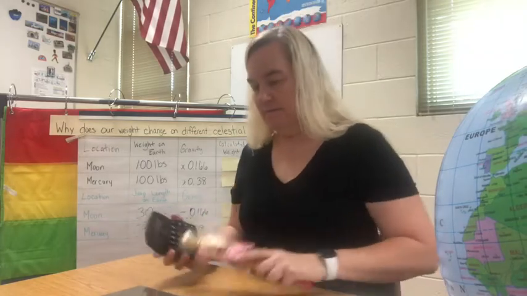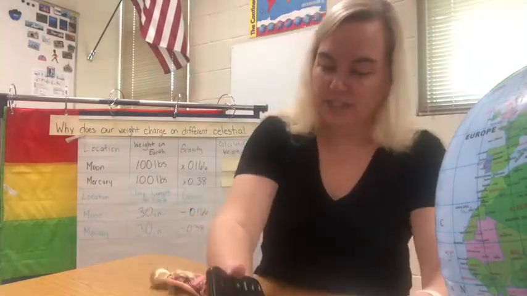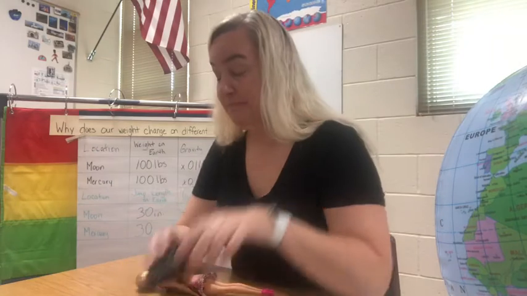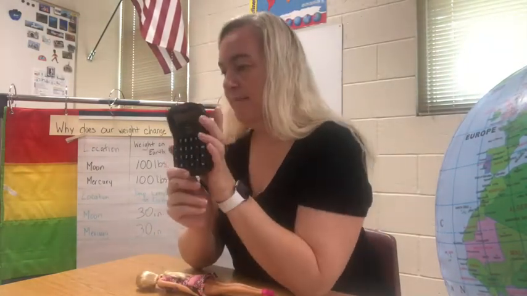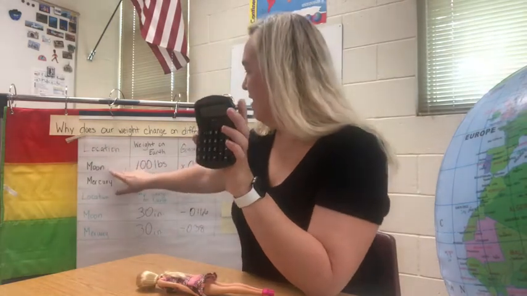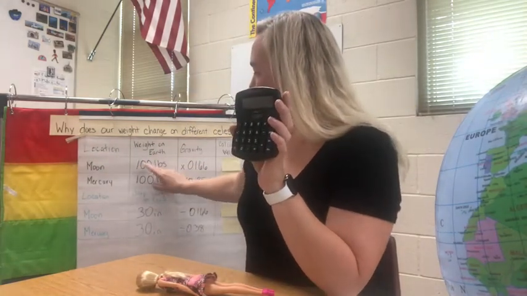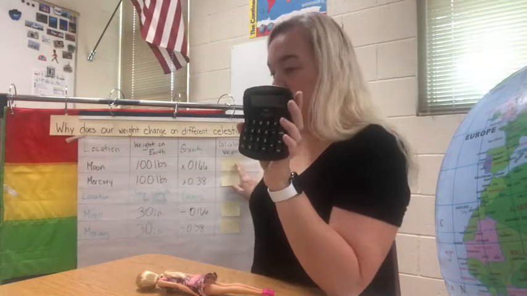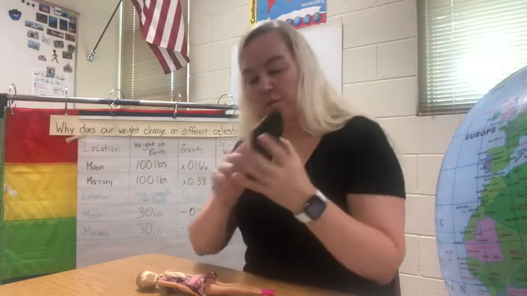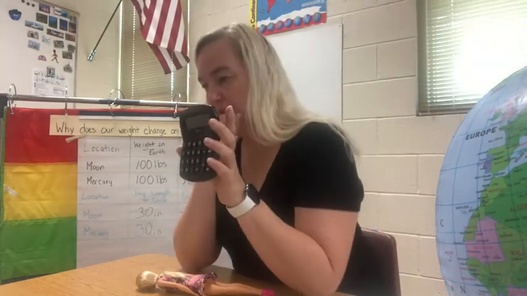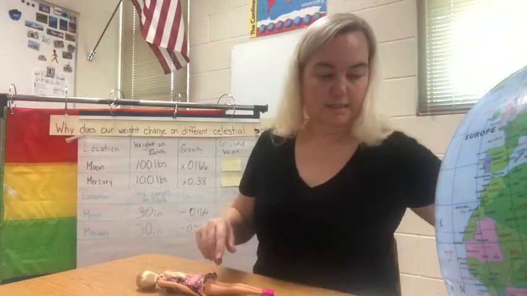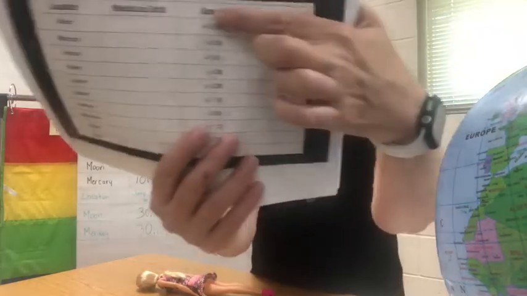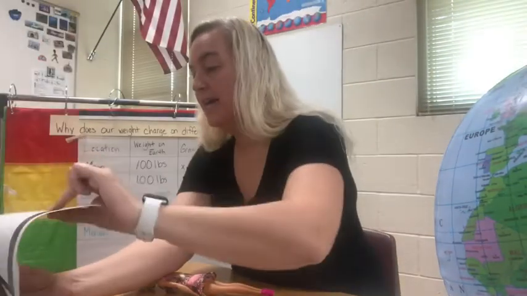Now, we're going to use a calculator today for this project. So, turning my calculator on, and I want to figure out if Barbie weighs 100 pounds on Earth, how much does she weigh on the moon? So I'm going to take 100, which is the pounds, and I'm going to multiply it by this number right here.